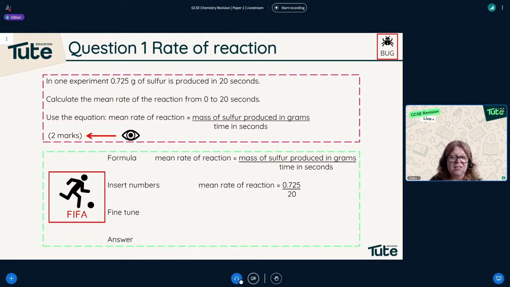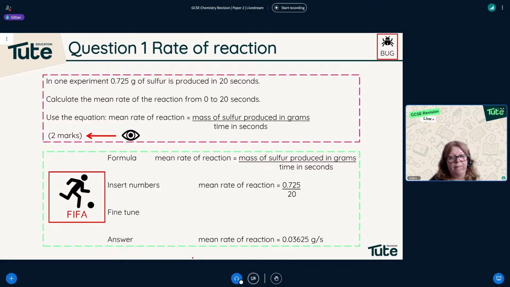I don't need to fine tune anything or do any unit conversions. On your calculator, another tip, please make sure you've got your calculator for tomorrow. The mean rate of reaction is 0.03625. But what are my units for this? Well, the mass of sulfur is in grams and the time taken is measured in seconds.